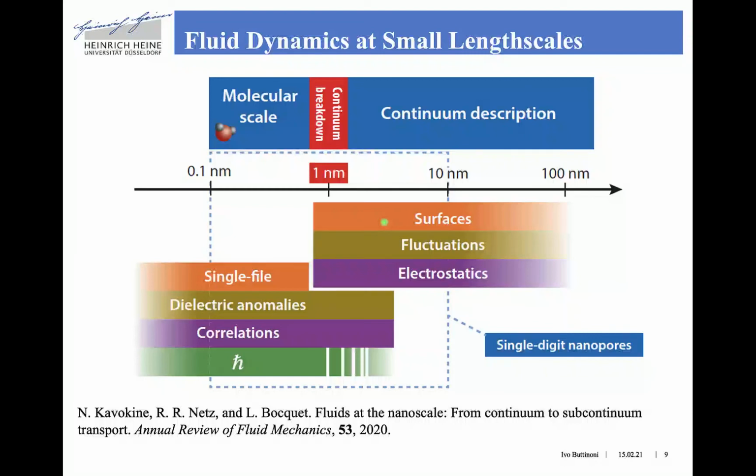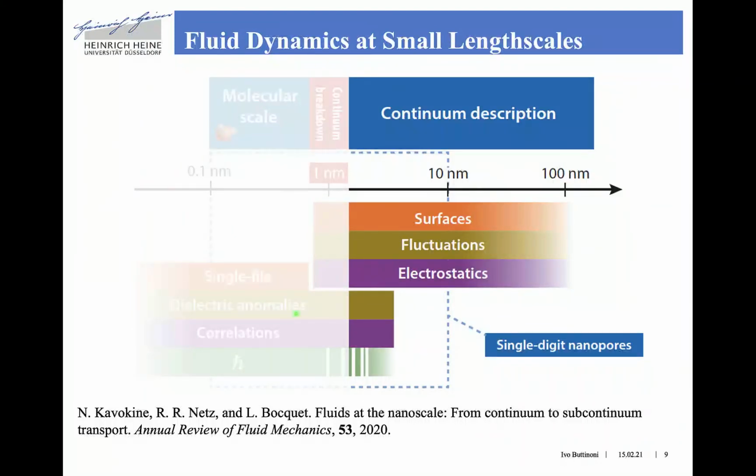So in the following, we will not consider what happens below 1 nanometer, and there is a nice review if you're interested in the topic. But we will only focus on surface effects and how these surface effects give rise to slip velocity and transport of fluid or particles.